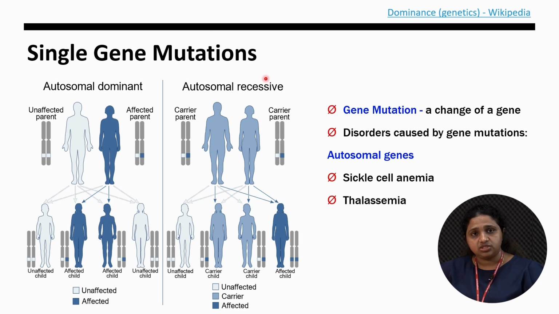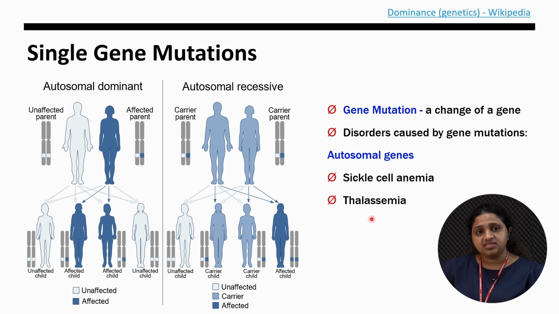What is a mutation? A mutation is a change that occurs in a gene. So these kinds of disorders that occur in the autosomal genes include sickle cell anemia and thalassemia. Not only that, there are many others, but this is just an example.